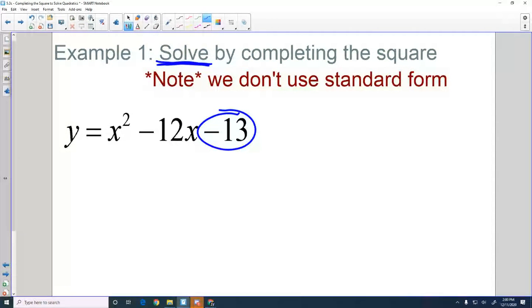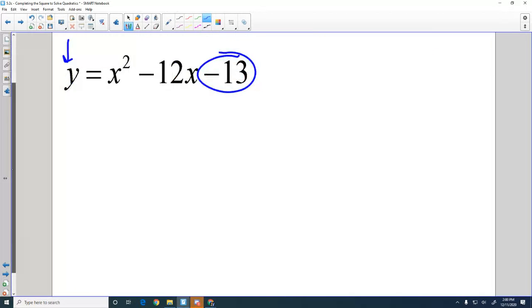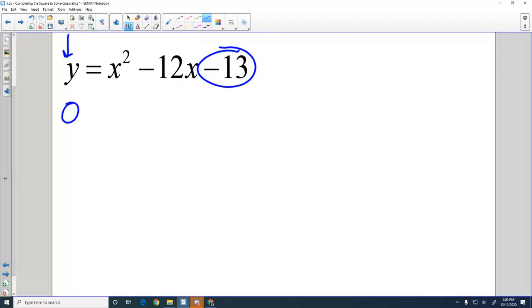If it says solve, as opposed to just rewrite it in vertex form, I don't care about this y. If it says solve, what number should I plug in for y? Good, that's right, a 0. To make this easier, I'm going to rewrite this as 0 equals x squared minus 12x minus 13.